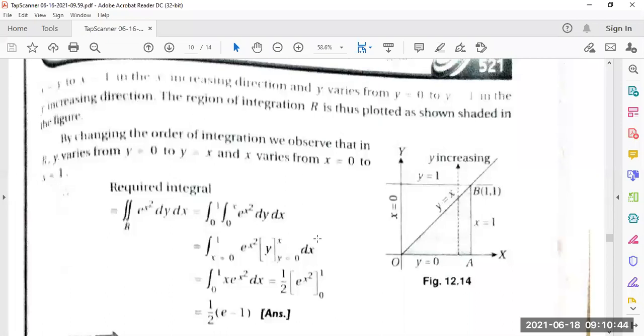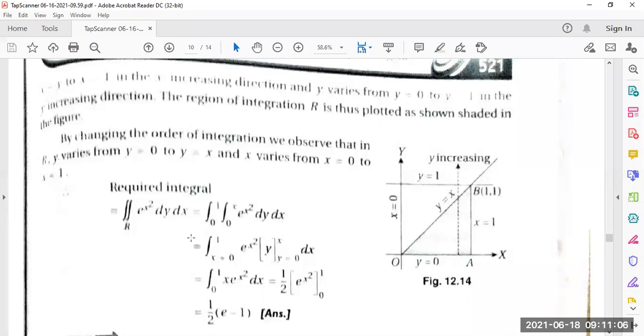So when we are changing the order of the integration for the first part into the second part, here it will vary from 0 to x. When we are taking in terms of x, here x equal to 0 and y equal to x. So y varies from 0 to x. Previously it was done by x varies from y to 1.